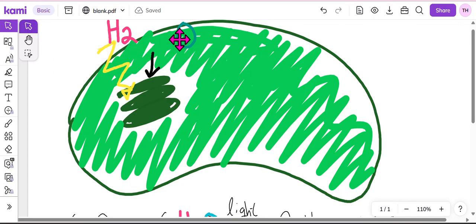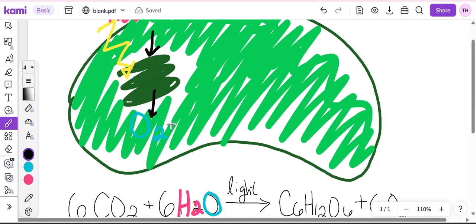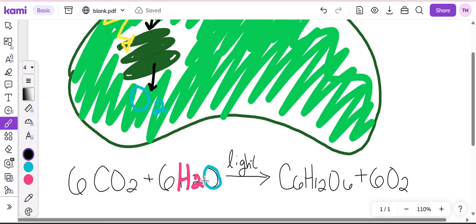And so as that happens, this oxygen molecule is now going to produce oxygen gas as a waste product. Now, that will become useful later when it comes to cellular respiration. So this blue oxygen is going to be the source for our oxygen gas as part of the products.